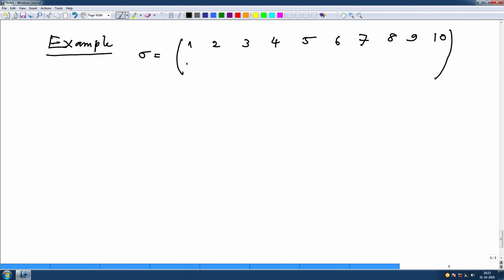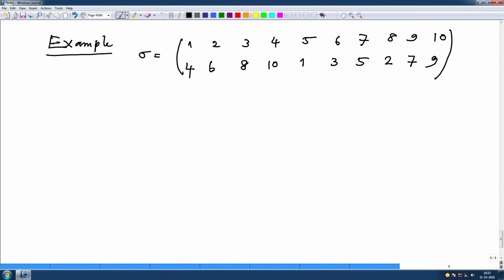So 1 goes to 4, 2 goes to 6, 3 goes to 8, 4 goes to 10, 5 goes to 1, 6 goes to 3, 7 goes to 5, 8 goes to 2, 9 goes to 7, and 10 goes to 9. So this is clearly a permutation, because, as you would have noted, the next row has all distinct elements from 1 to n.